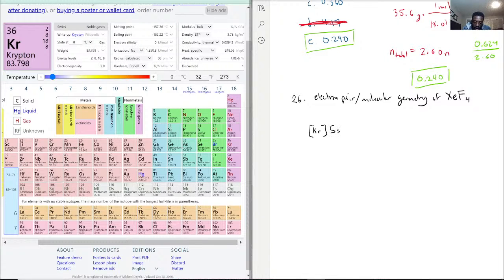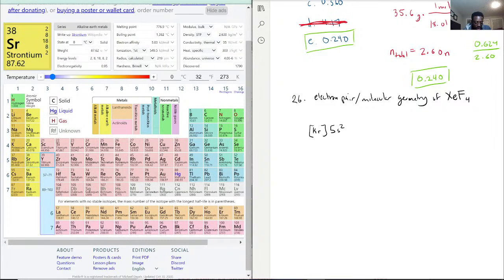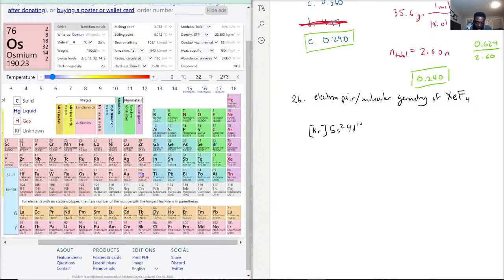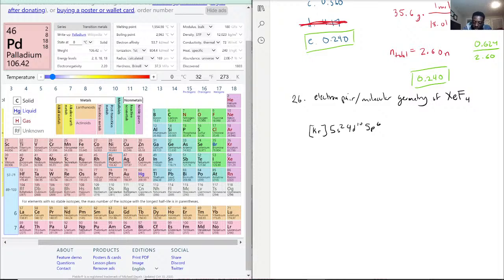So 5s2, and it's going to go through all this, so it's going to be 4d10, and then 5p6. So we're going to reorganize this, and it's going to be krypton 4d10, 5s2, 5p6. And because these are where the 5s are, you add up those. So now you can say without a doubt that xenon has 8 valence electrons, okay?